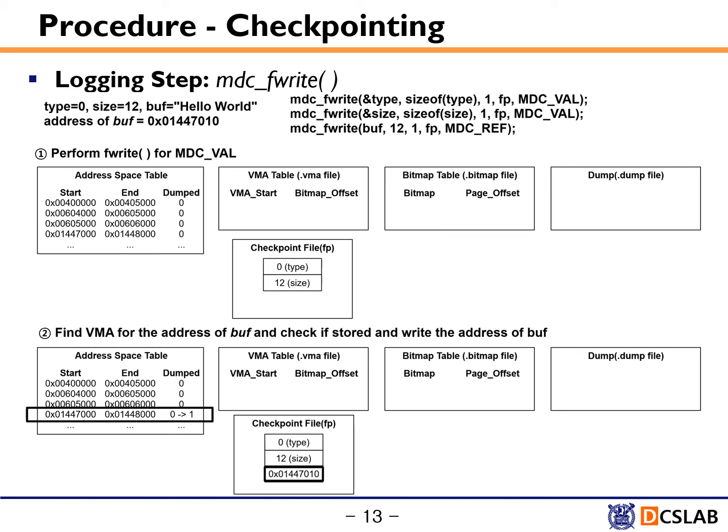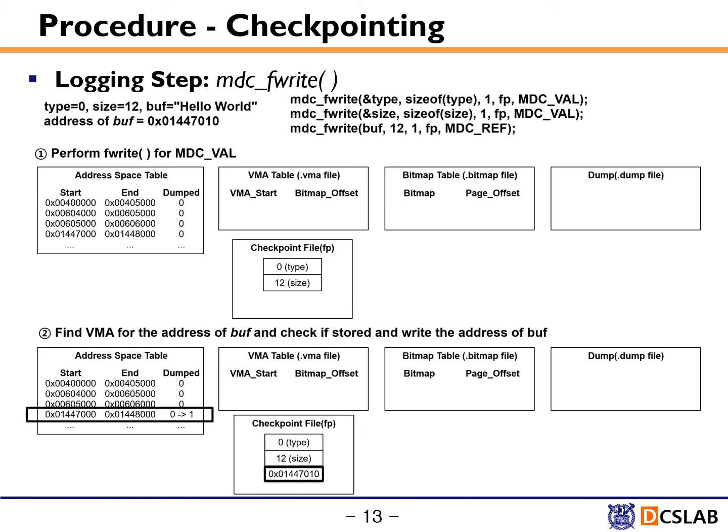When a database wants to checkpoint the object, it usually writes the type and size of the object as well as the object. Here we use MDC value type for type and size because they are small and located in stack. So we use fwrite for these.